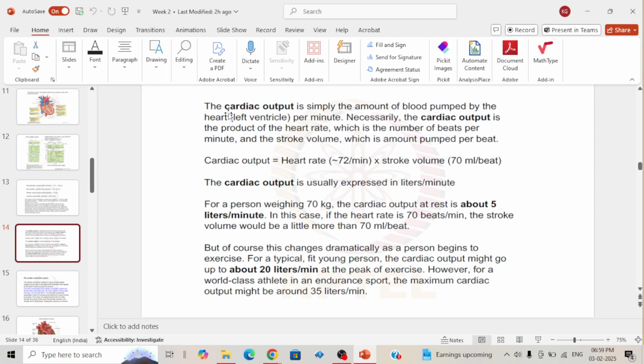It is the product of heart rate, around 72 beats per minute, and stroke volume, which in resting condition is considered to be 70 ml per beat. Multiplied, this comes out to around 5040 ml, nearly 5 liters, which is the total amount of blood present in a human body.